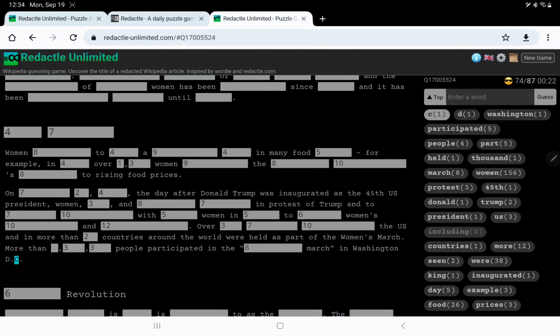What is the 4-7? The food part is throwing me off in the first paragraph. In many food 5.